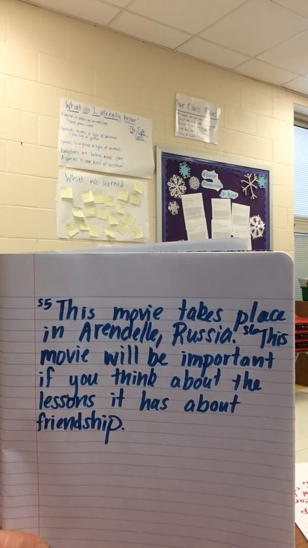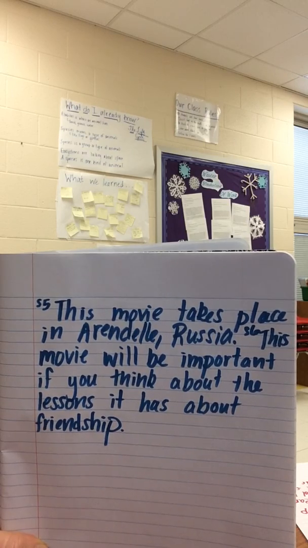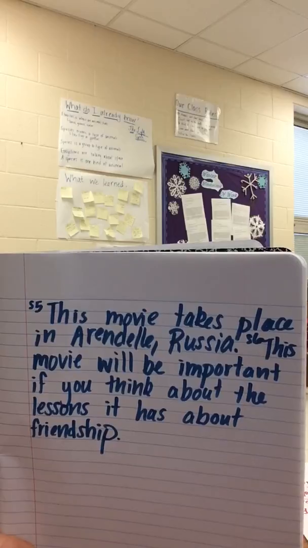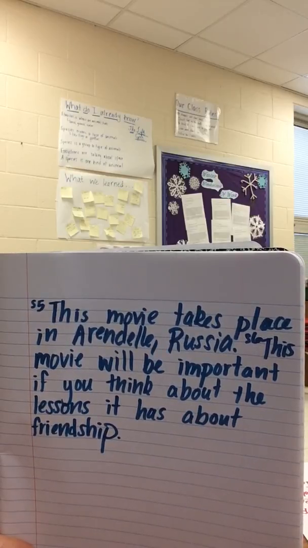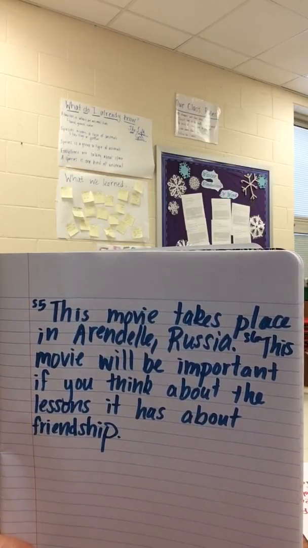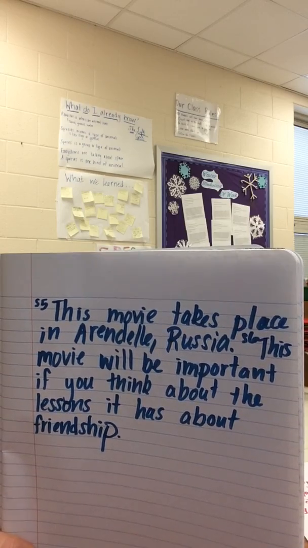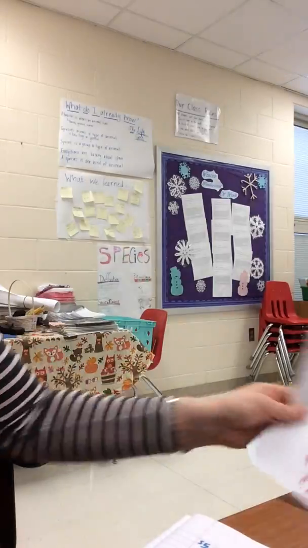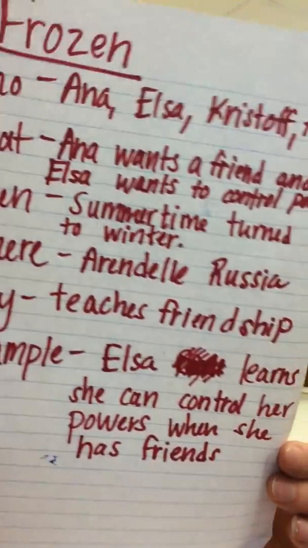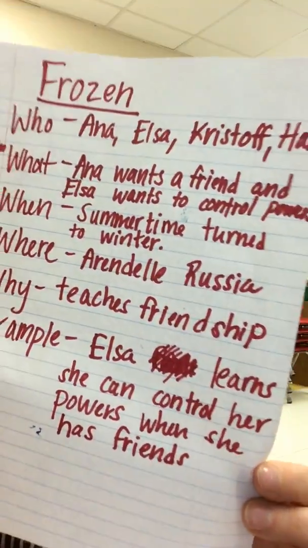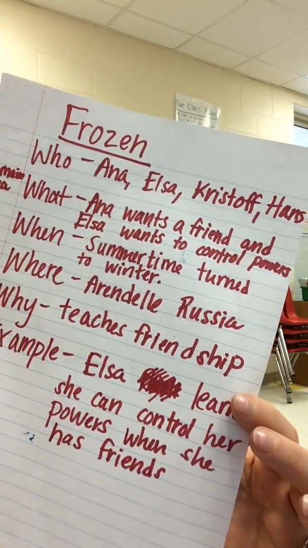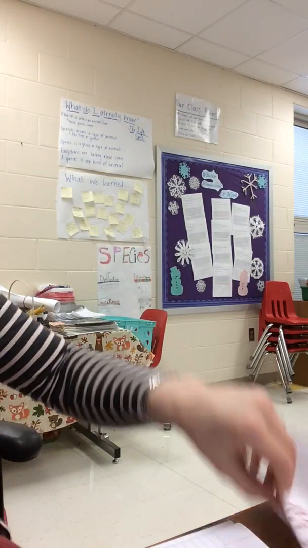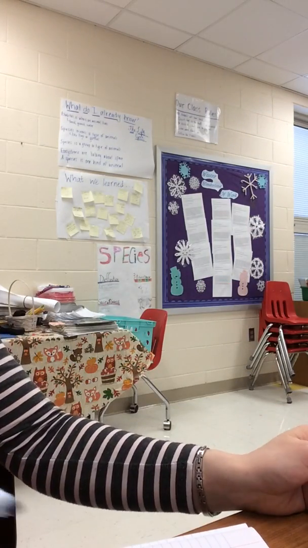Because I think this because Elsa and Anna realize at the end of the movie that they are better off if they treat each other with love and kindness and friendship rather than ignoring each other. Okay? So I need to give an example of that now, too. In my example, I said Elsa learns she cannot control her powers when she does not have friends. Oh wait, no, she can control it when she has friends. And I'm going to turn that into a full sentence.